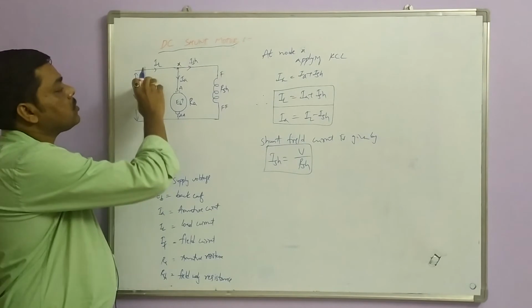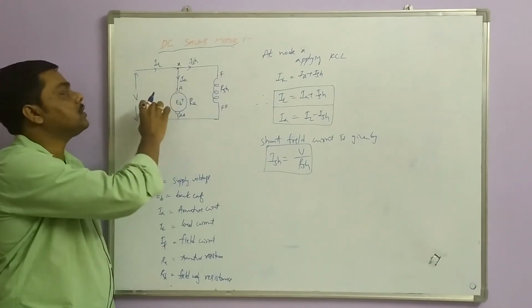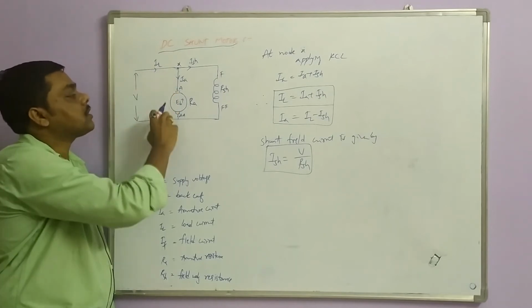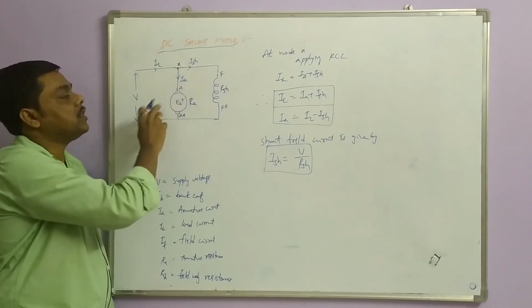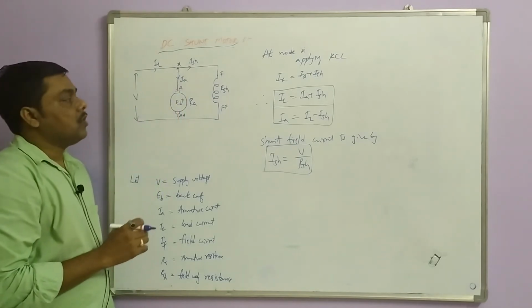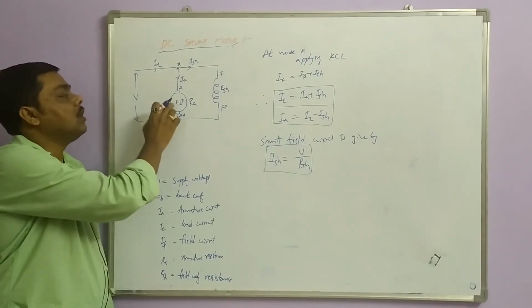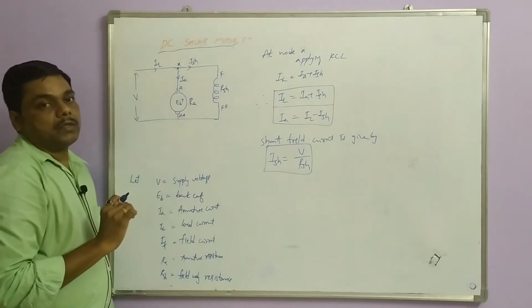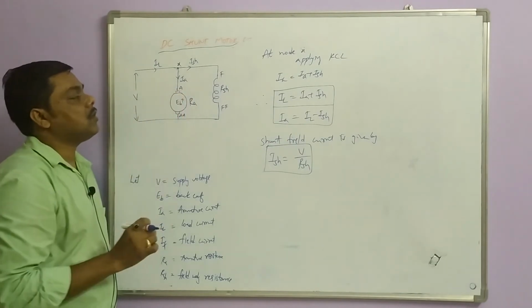If you observe this first loop, this is a KVL loop. You can see here load current is coming and the voltage across this will be armature current times resistance, and this will be the back EMF. Now what will be the back EMF value available here after dropping the resistance? So after armature drop only back EMF is available.